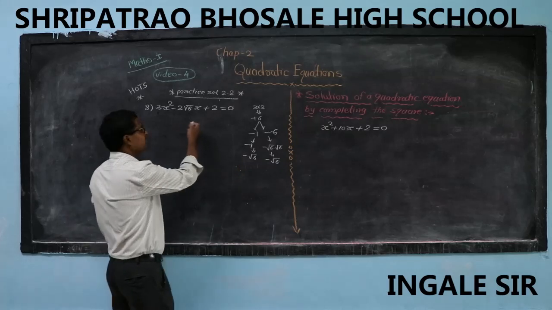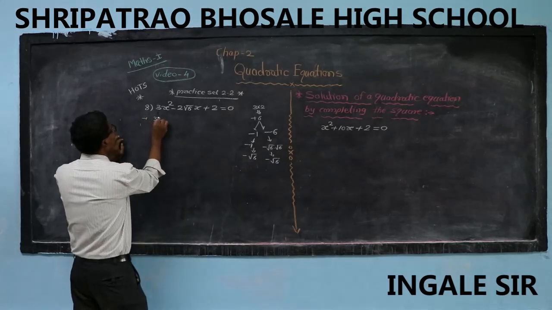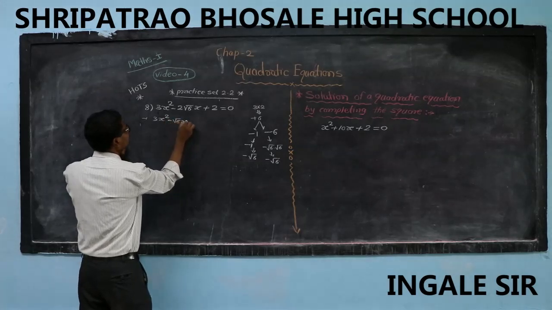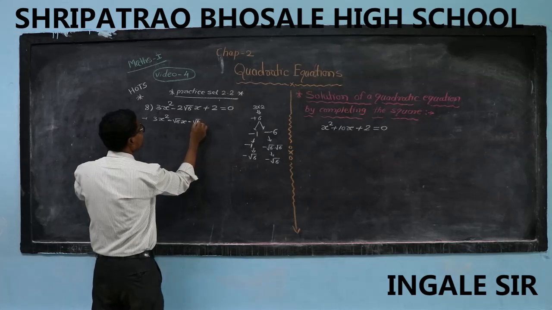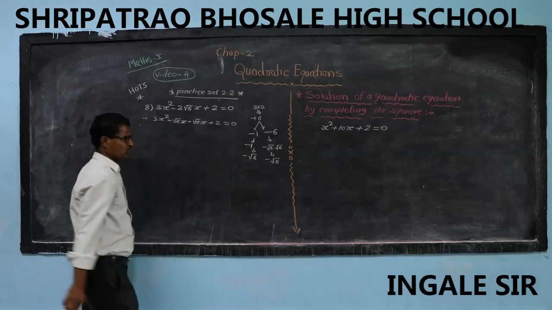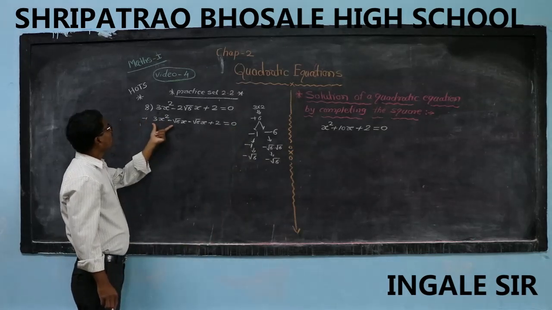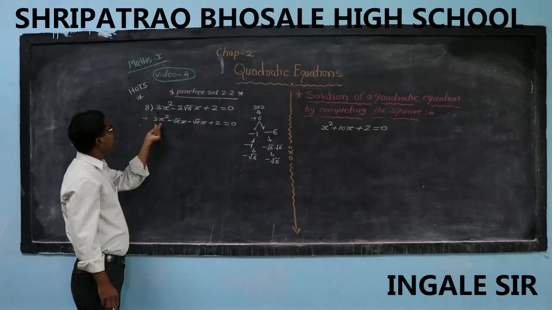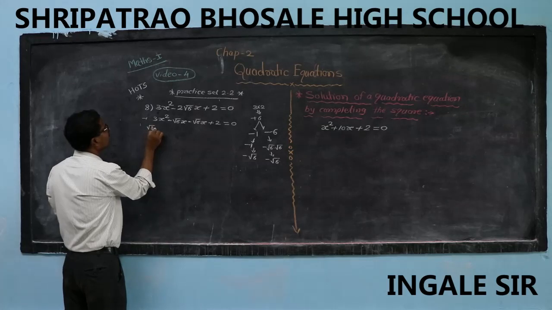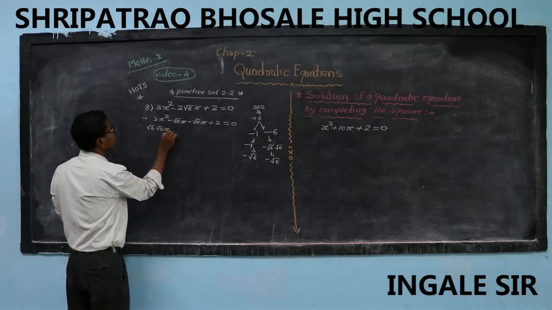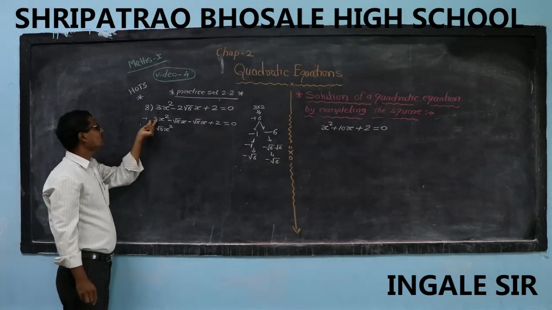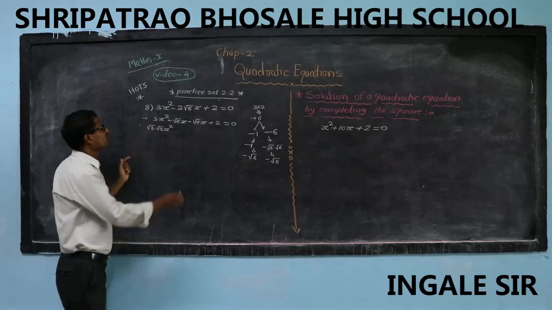So we write 3x square minus root 6 x minus root 6 x plus 2 is equal to 0. Now we have to take common, but here 3 and root 6, so we write 3 as root 3 into root 3 x square. Root 3 into root 3 means 3.